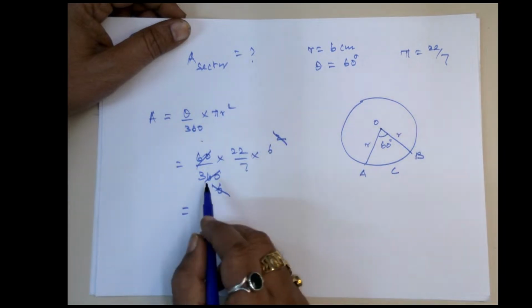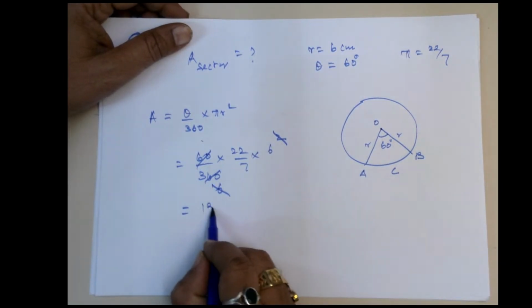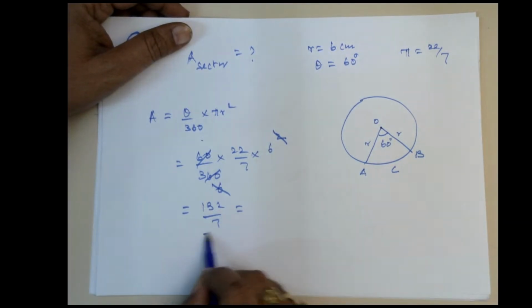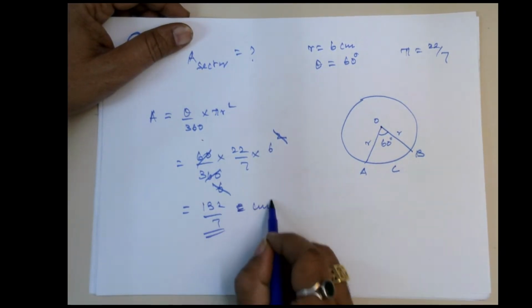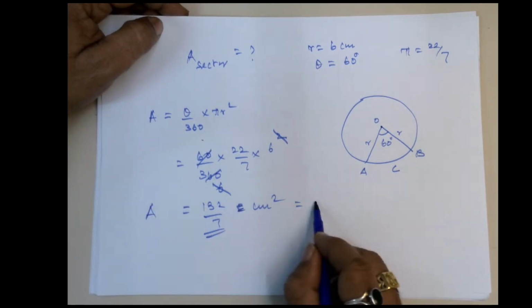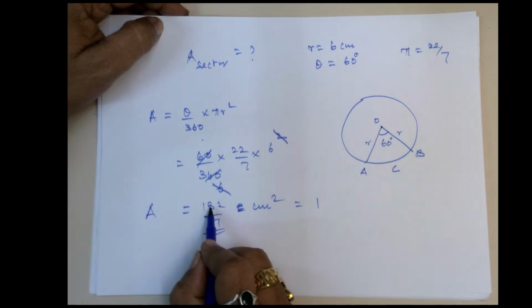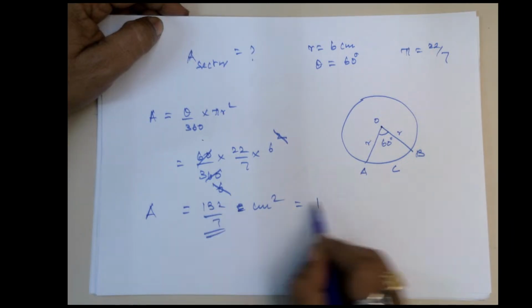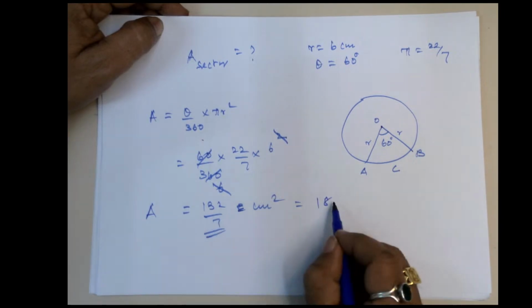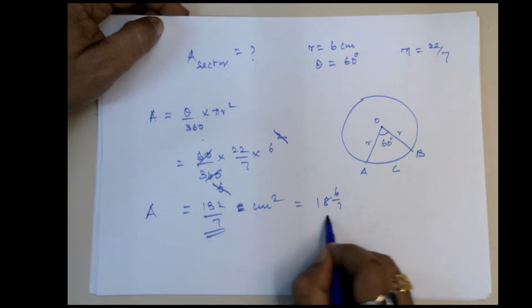So this is nothing but 132 divided by 7, is it not? So the answer is 132 by 7 square centimeter. Otherwise you can divide: 2 sevens are 14, 1 sevens are 7, balance 1, 6, 62, 8 sevens are 56 and balance 6 by 7 you can put.